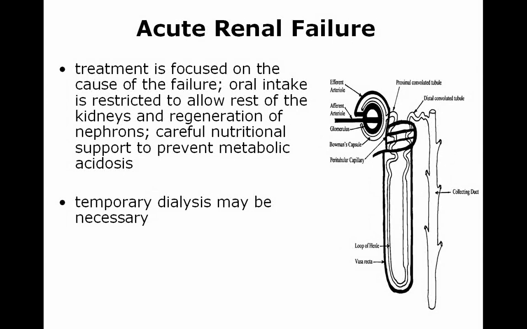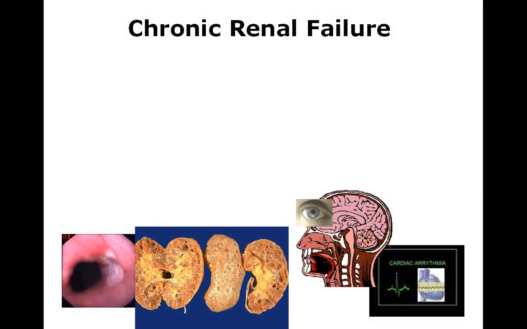Your textbook shows a very good picture in figure 11.8 of some of the causes of acute renal failure, such as those nephrotoxins that I mentioned, ischemia, which would be something holding back the blood supply to the kidney, or pyelonephritis, inflammation and infection of the kidney.